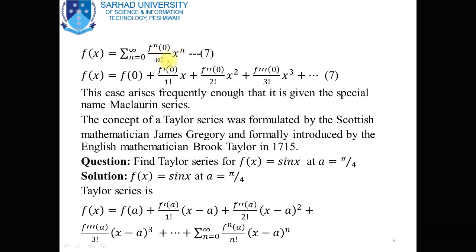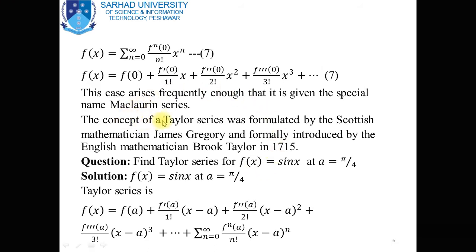So this series can be written as f of x is equal to f of 0 plus f prime 0 divided by 1 factorial into x plus the second order derivative of the function at x is equal to 0 divided by 2 factorial into x square plus the third order derivative of the function at x is equal to 0 divided by 3 factorial into x cube plus and so on. This series arises frequently enough that it is given the special name Maclaurin series.